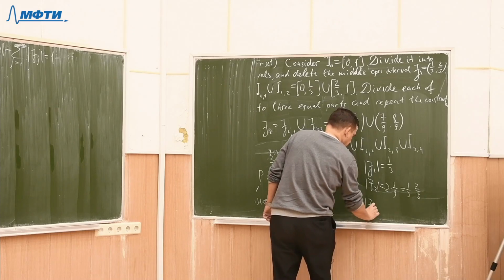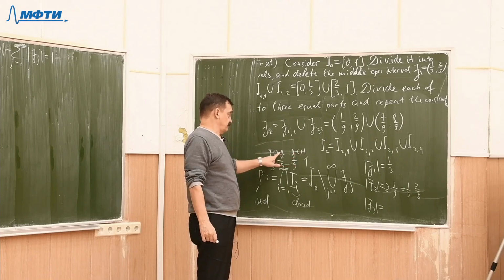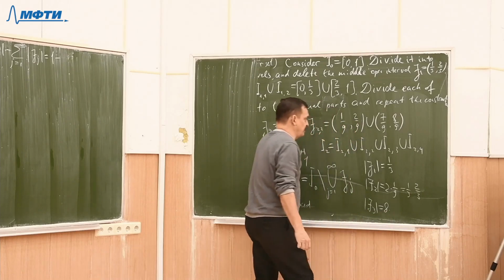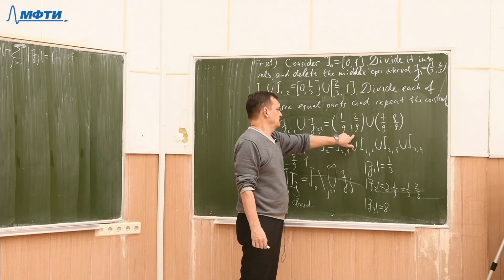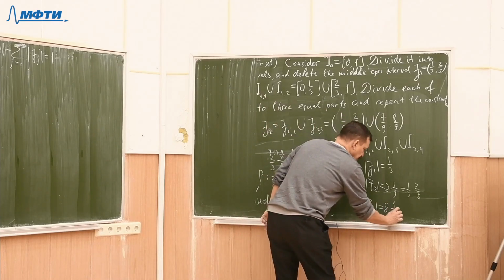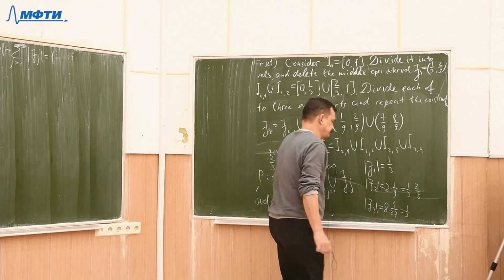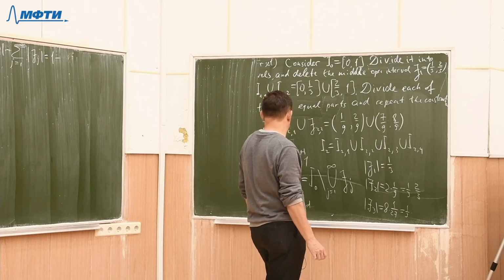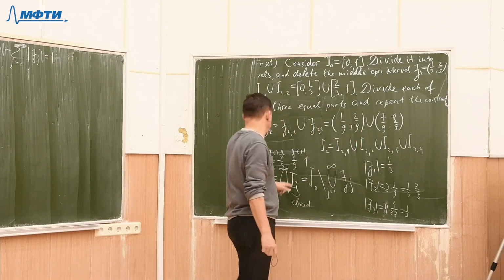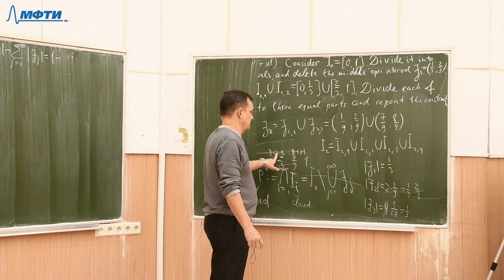The measure of J3, we'll need to consider 4 intervals. Each of them will have the length 1/27.